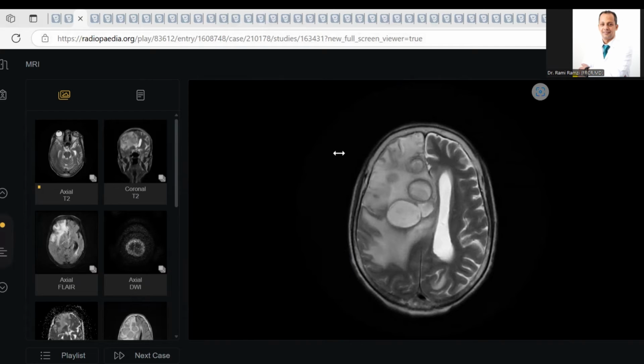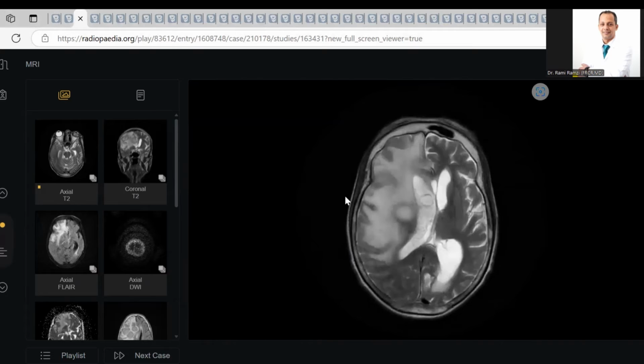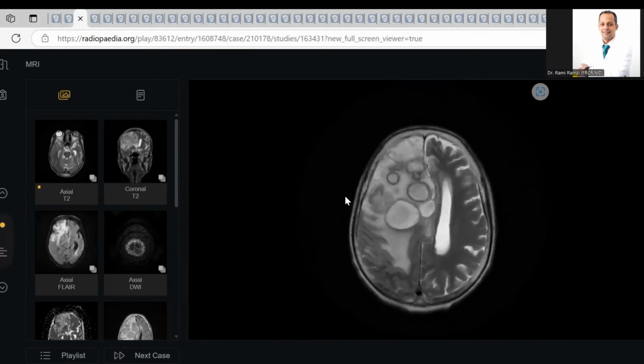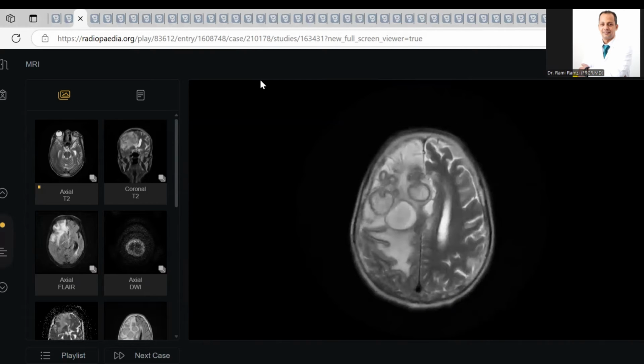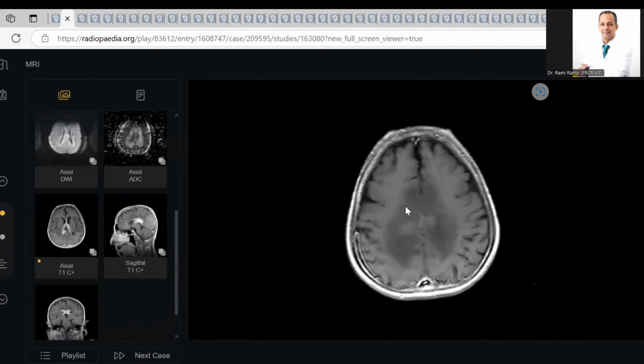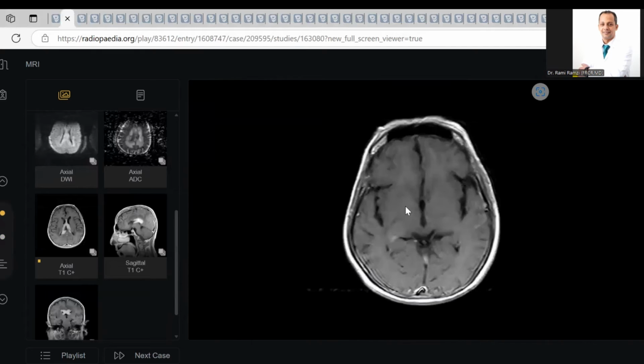Okay, and the other case, so this one is multiple brain abscess. We must ask also if the patient is a drug abuser or not, or immunocompromised, because it is a very severe infection. In case one, you did very, very well. I give you 90%.